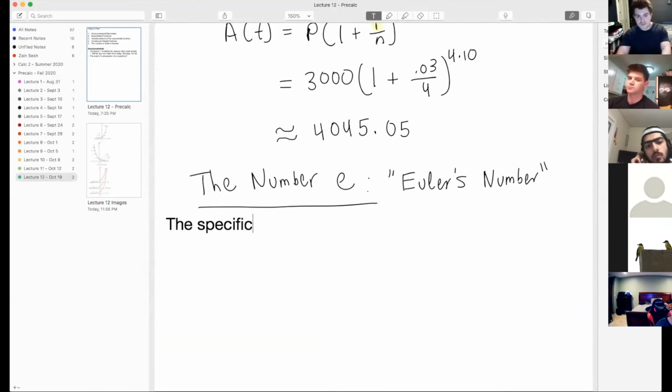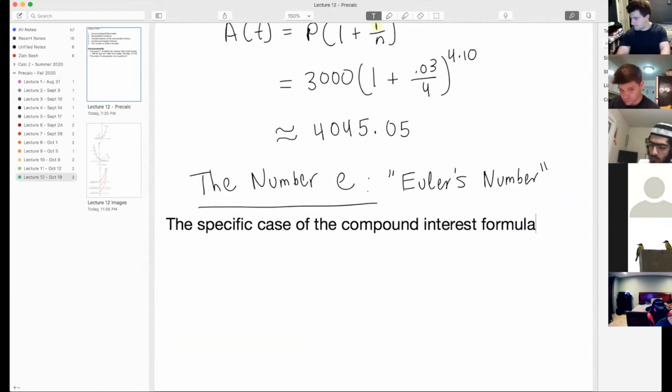So the specific case of, okay, it's going to arise as a specific case of the compound interest formula, plugging in certain numbers into it.